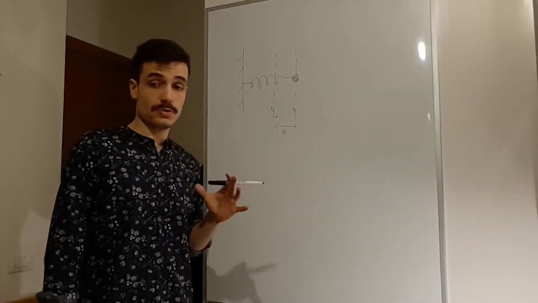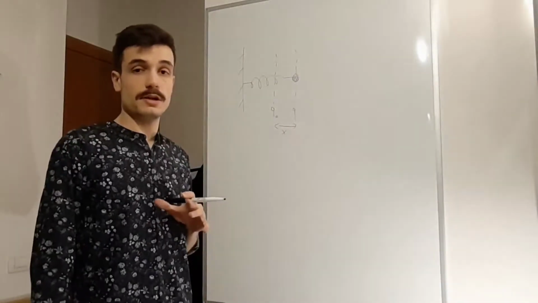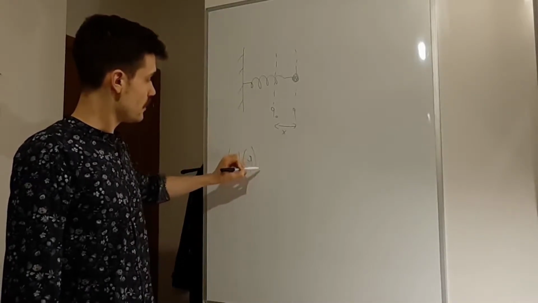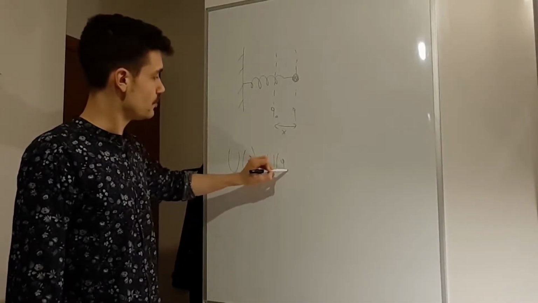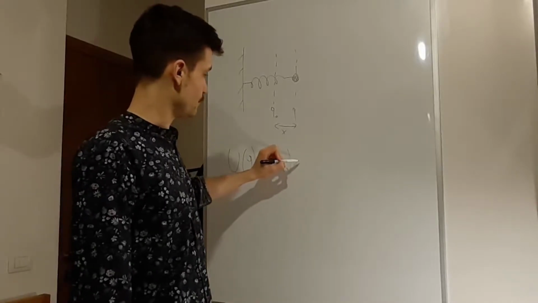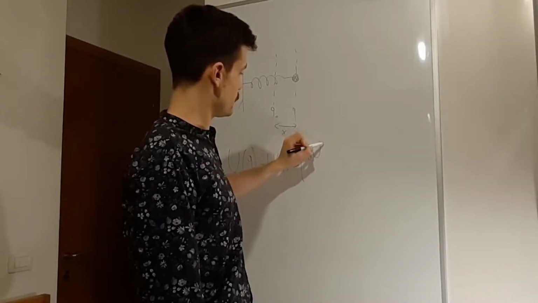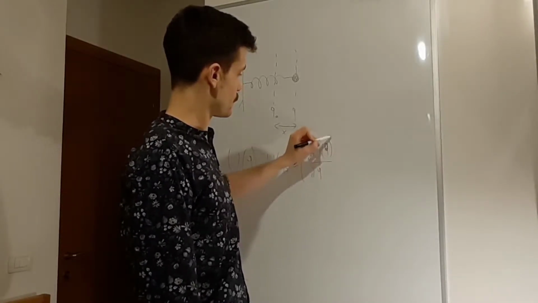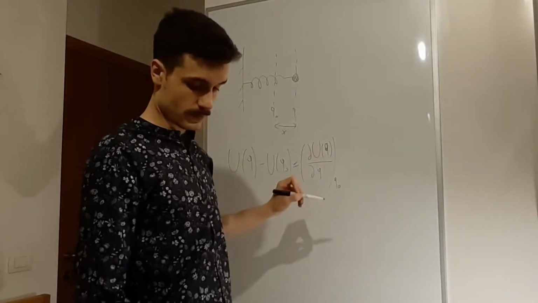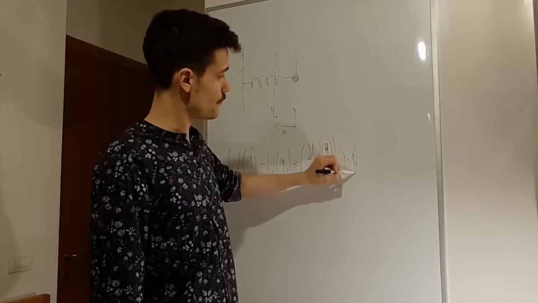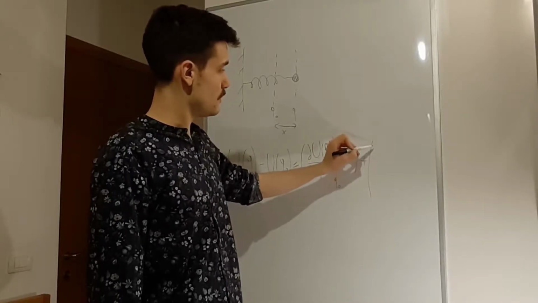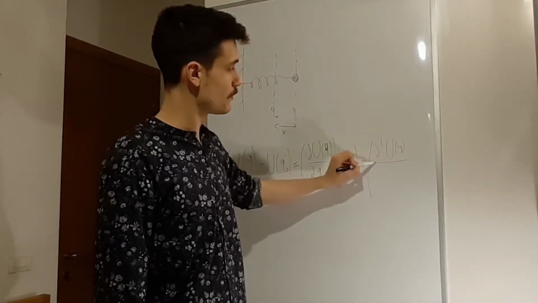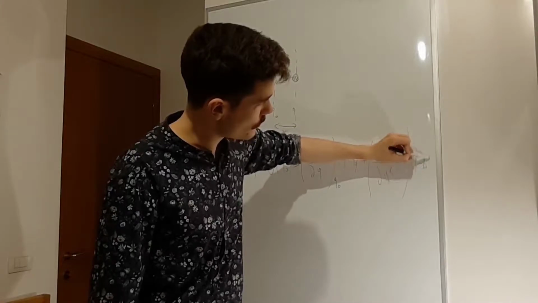It's quite easy because we are doing a Taylor expansion. So U of q minus U of q0 will be equal to the first derivative according to position in the equilibrium position times q minus q0, plus the second derivative of exactly the same thing, times q minus q0 squared.